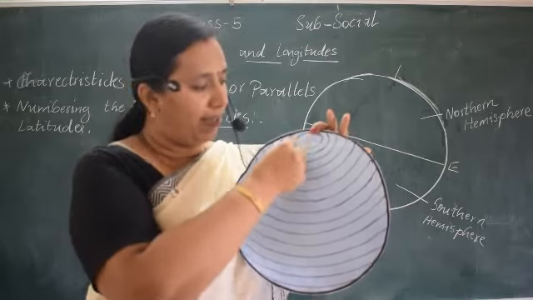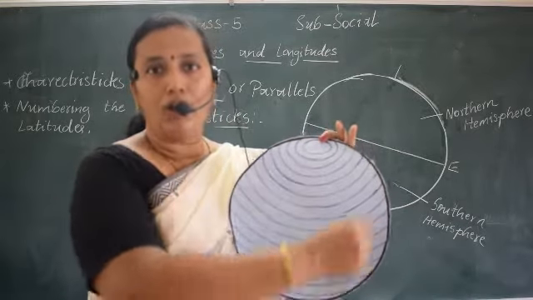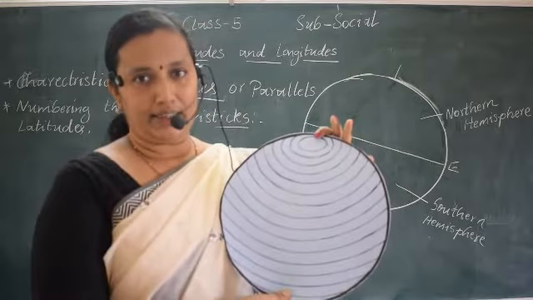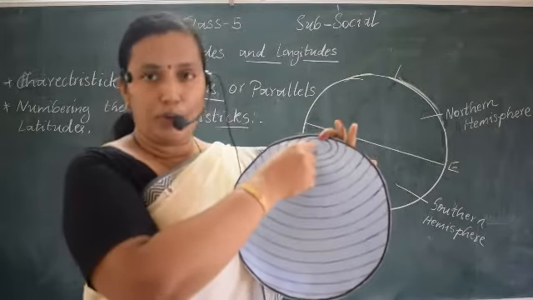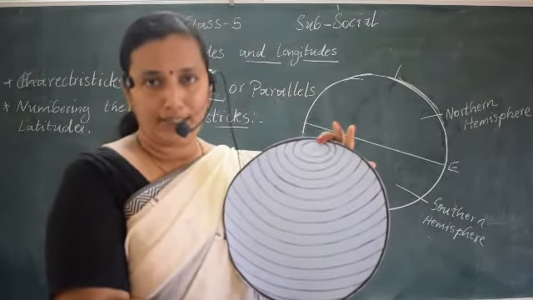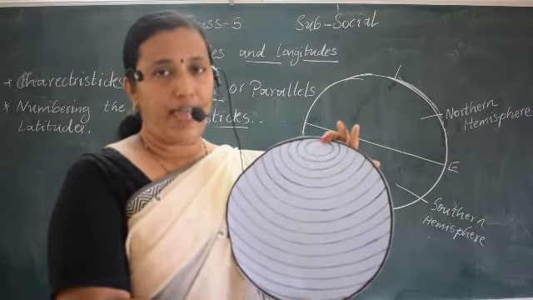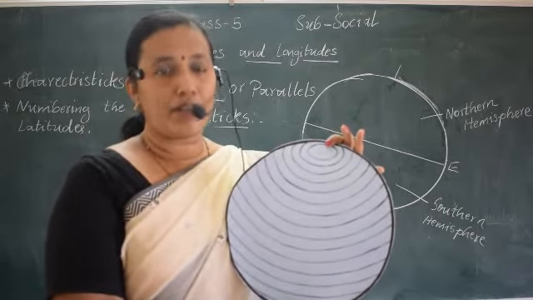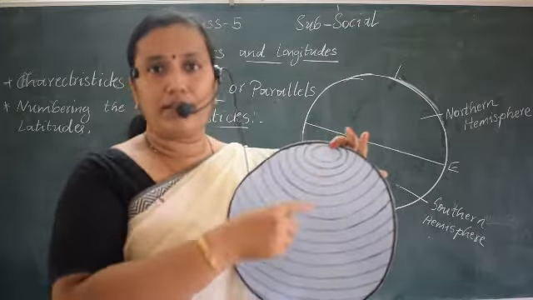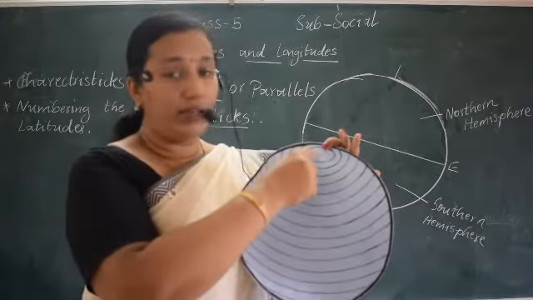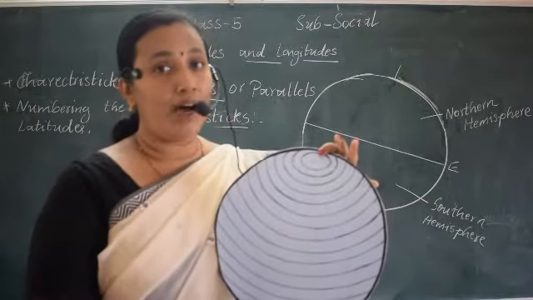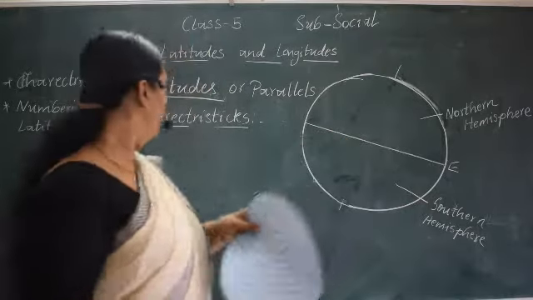It starts from here, and the remaining are all complete circles. So the first characteristic of latitudes is that they are complete circles except the North Pole and the South Pole.